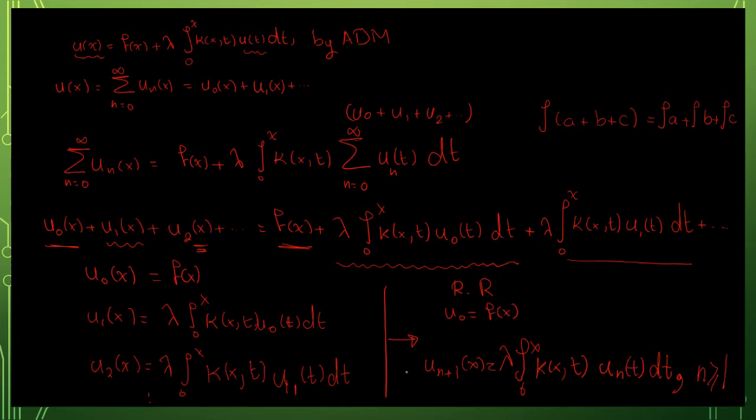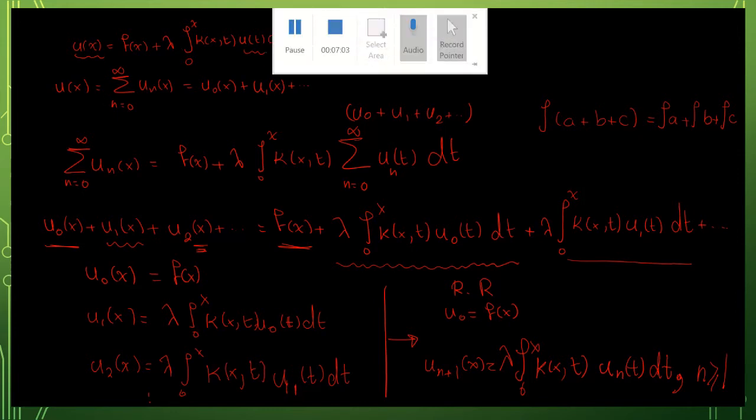So if we plug in n equals 0, we get u1 with respect to the value of u naught, and so on, so we can get all the values of the terms in the summation. Therefore, we can get the exact value of u of x. Hope you understand.